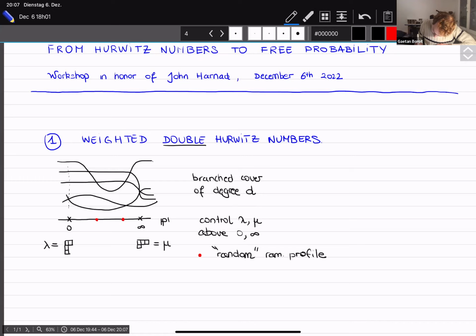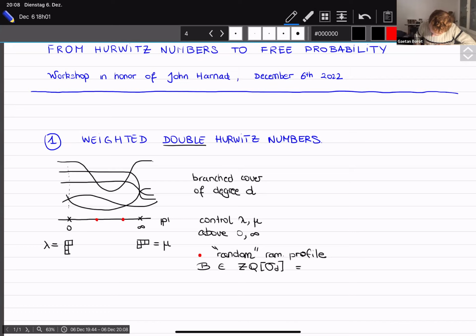And random here in a bit generalized sense, because you're just giving weights, and the weights may not be positive. And this is encoded into an element B, which I want to see as a linear combination of cycle types. And that is an element of the center of the symmetric group algebra of S_D.